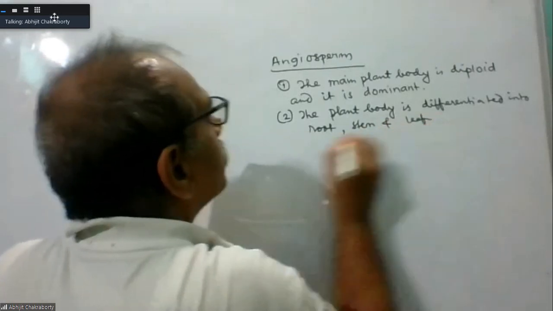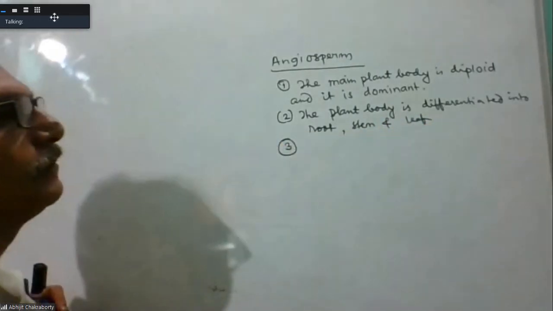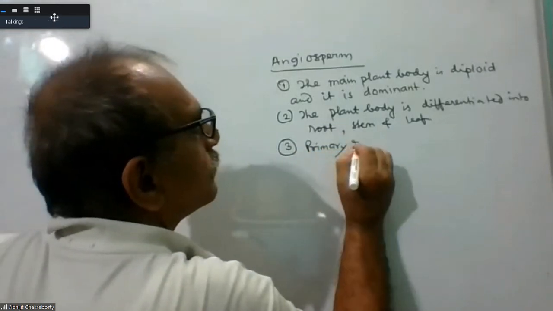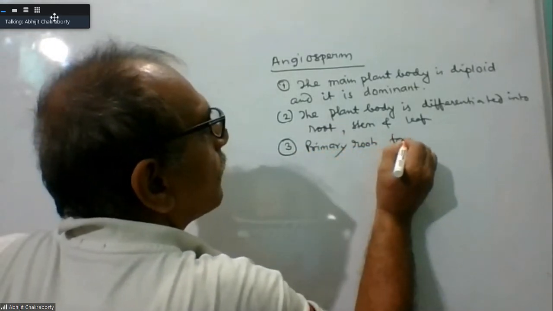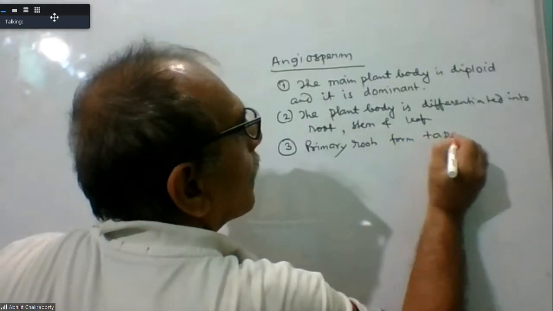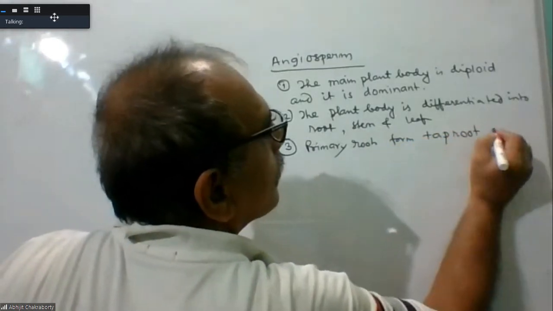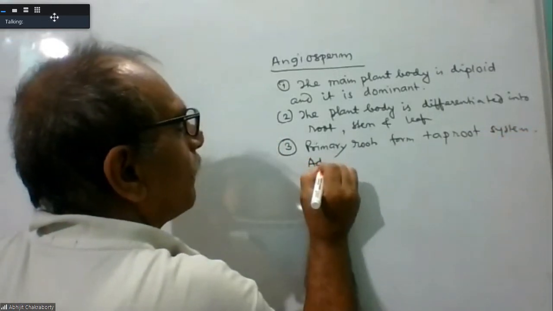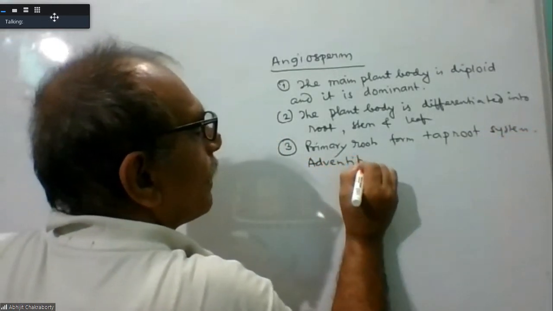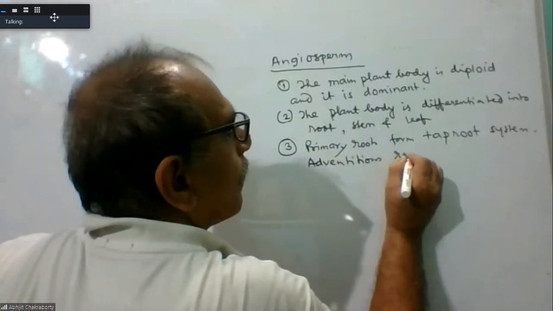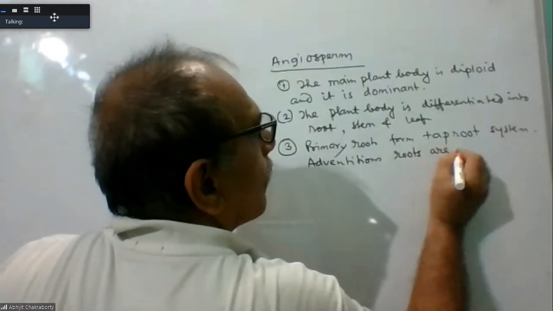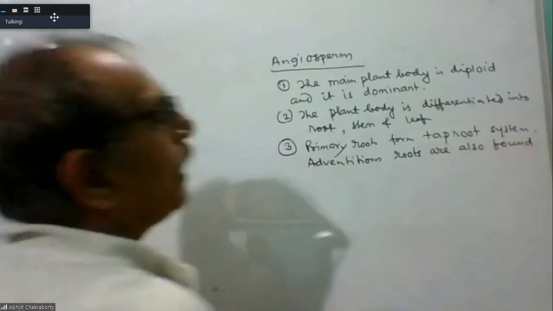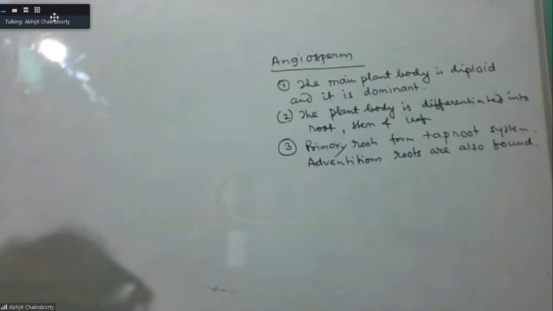And leaf. Primary roots form the taproot system. Adventitious roots are also found.